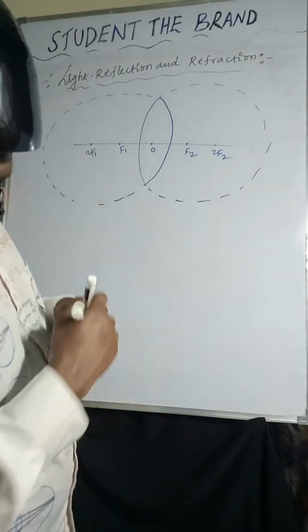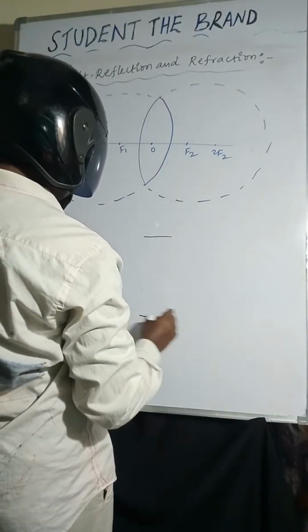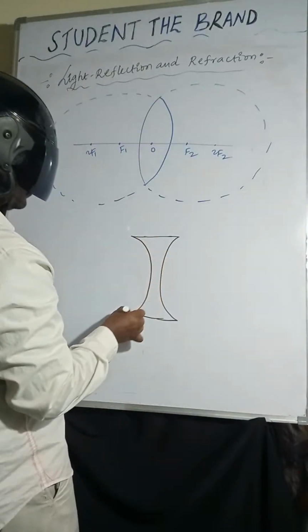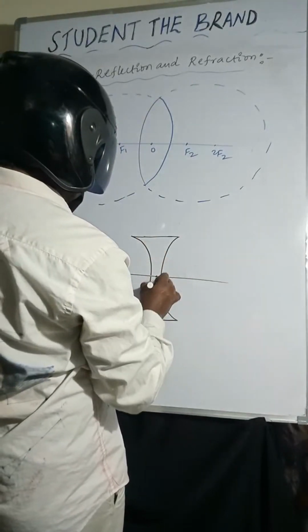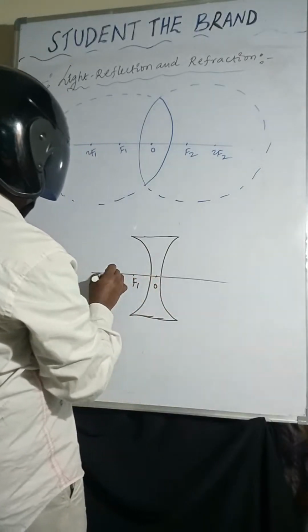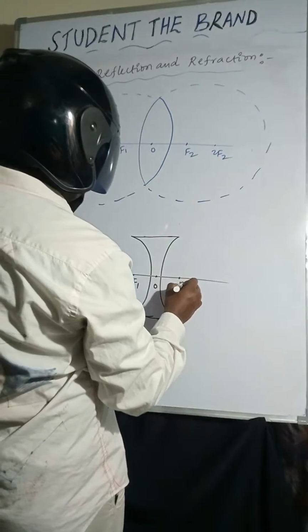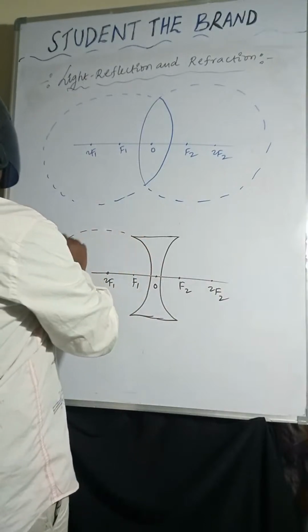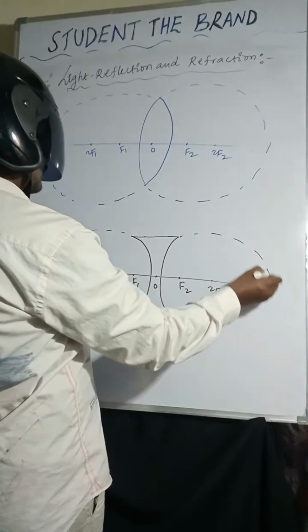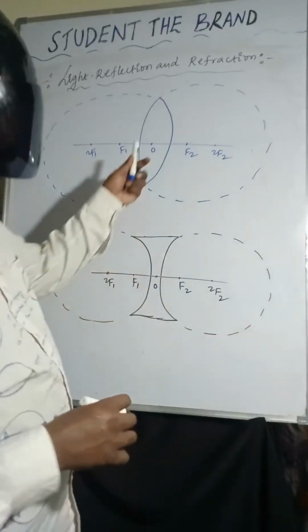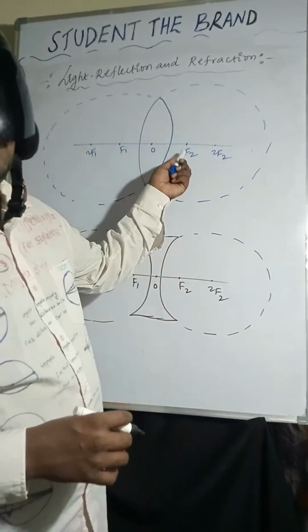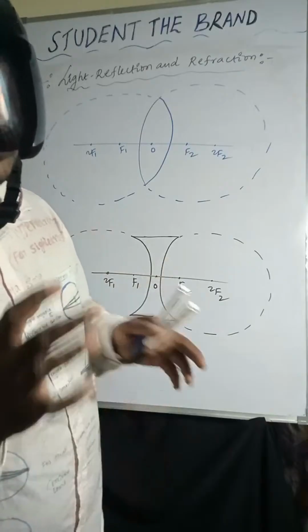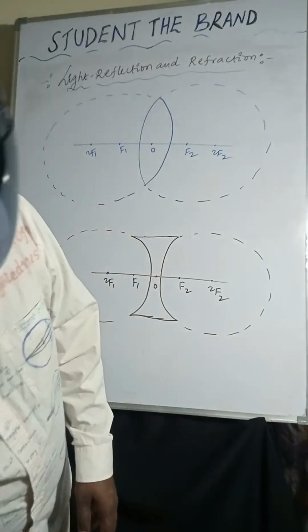Coming to the concave lens, optic center, F1, 2F1, F2, 2F2. Okay. So convex lens and concave lens, right? Now we will discuss the ray rules of concave lens and convex lens. So be ready.